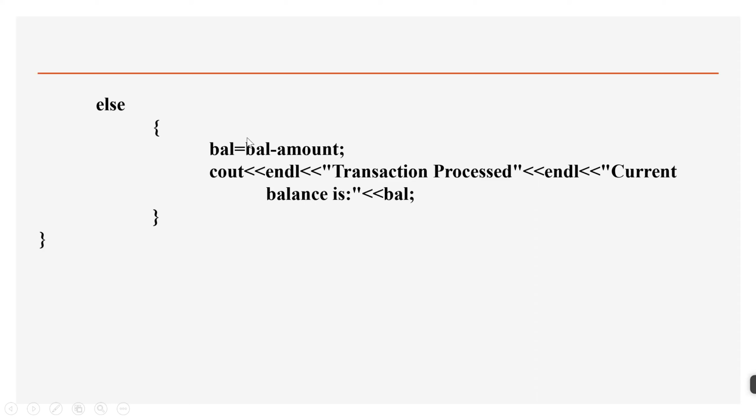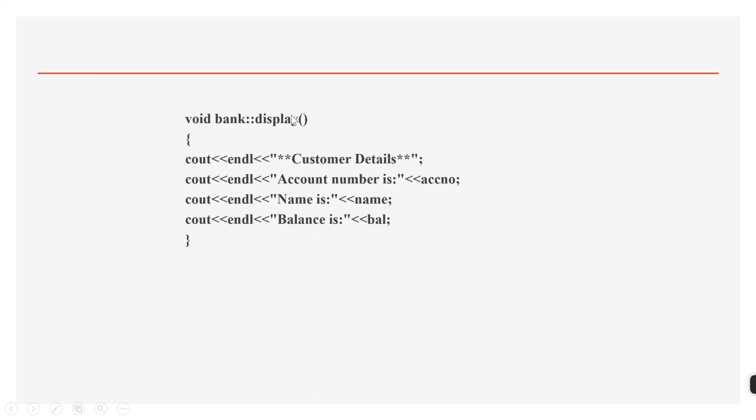Otherwise, withdraw the money and update the balance. Balance is equal to balance minus amount. So now the transaction is processed. Current balance is the updated balance by deducting the amount from the old balance.